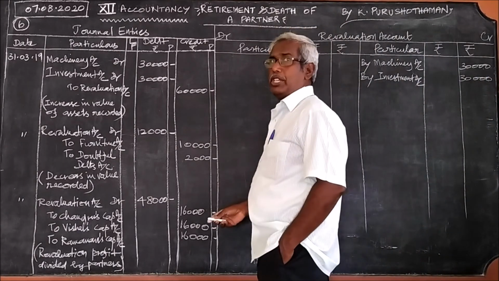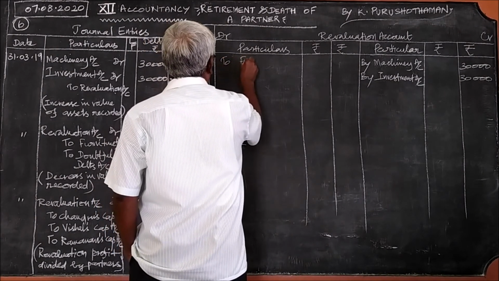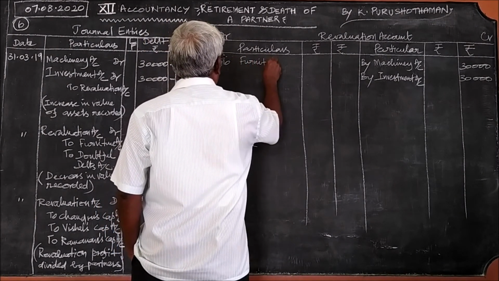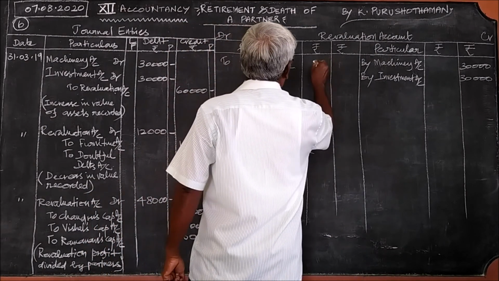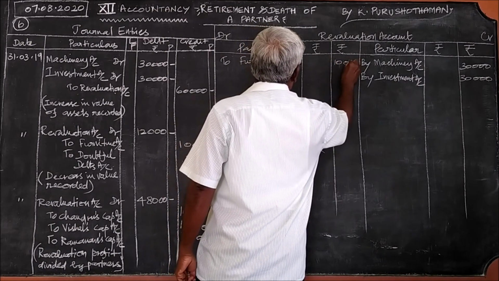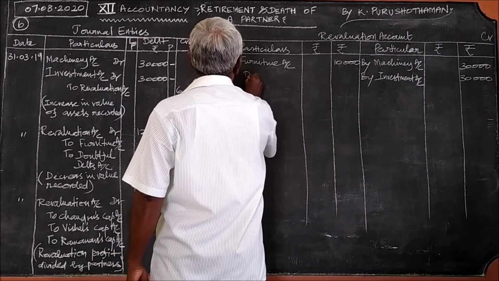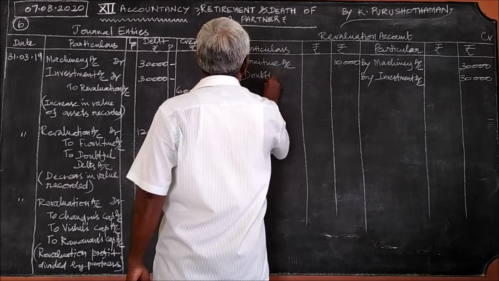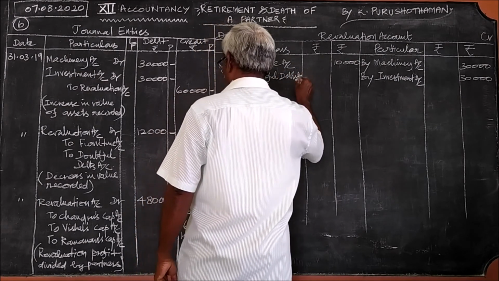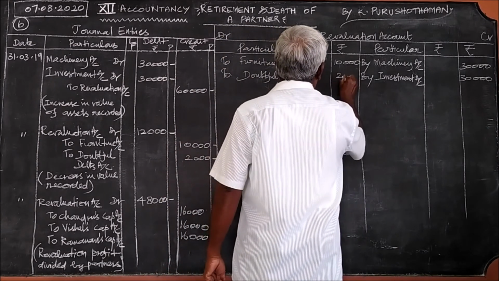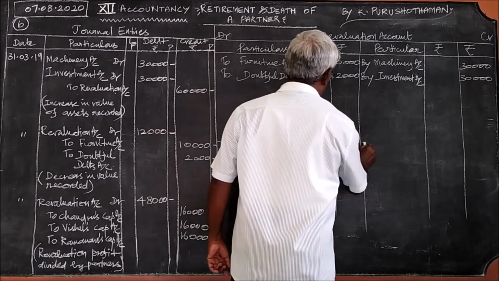And loss items on the debit side, loss items: to furniture account 10,000, to doubtful debts account 2,000. So we can now close the revaluation account.